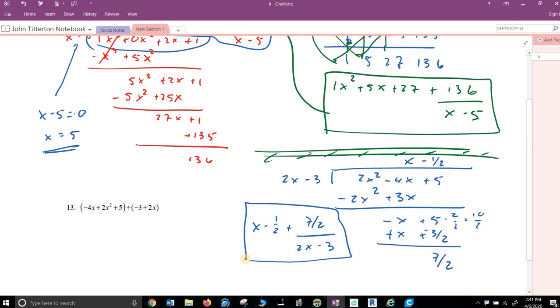Now, what did I say is first step if we're going to do synthetic division? 2x minus 3 equals 0, 2x equals 3, x equals 3/2. 3/2 goes in the notch, and we've got 2, -4, 5. Just occurred to me I should make sure I'm not screwing this up.